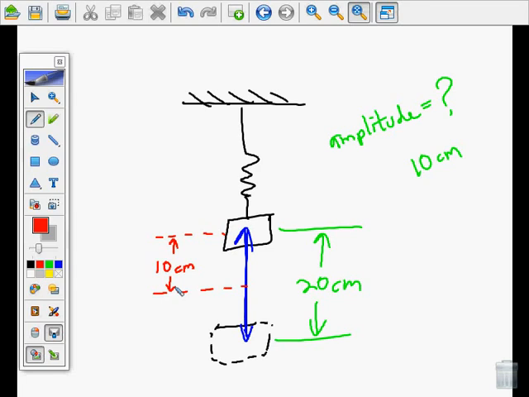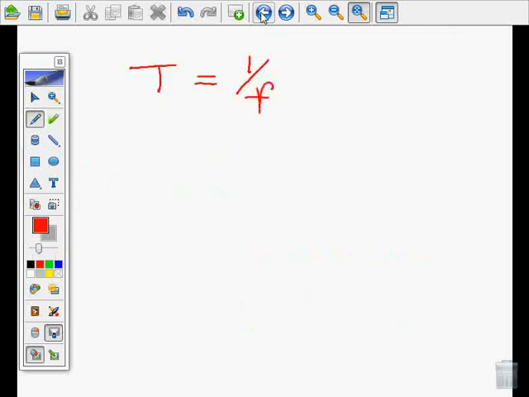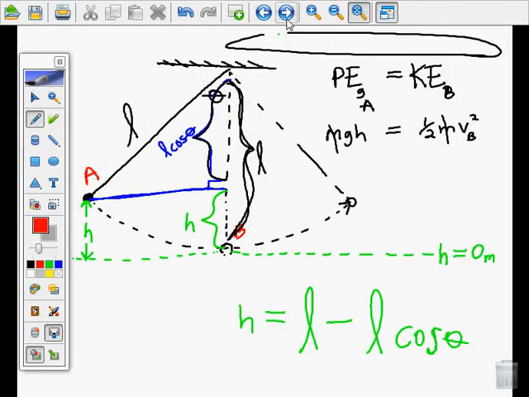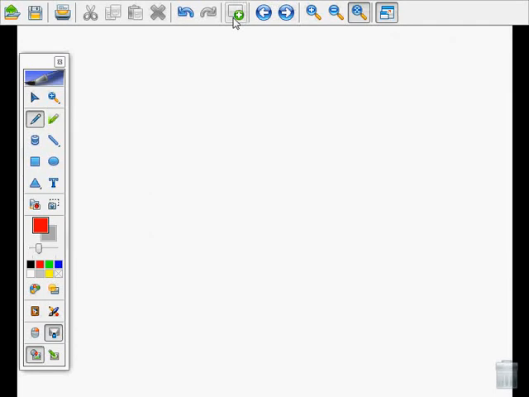Okay, the last thing I wanted to point out about simple harmonic motion is... Question? No. Okay. With the pendulum, and this diagram is looking kind of scary, so why don't we just go to a new diagram?